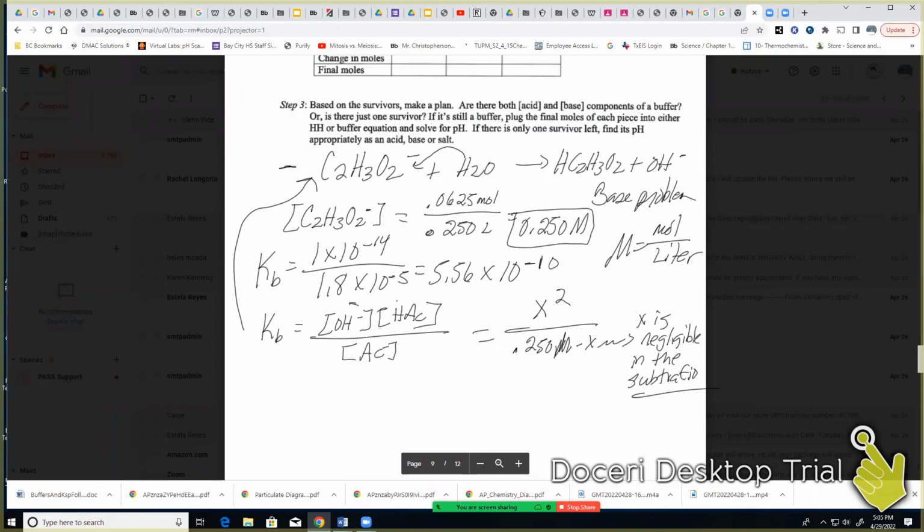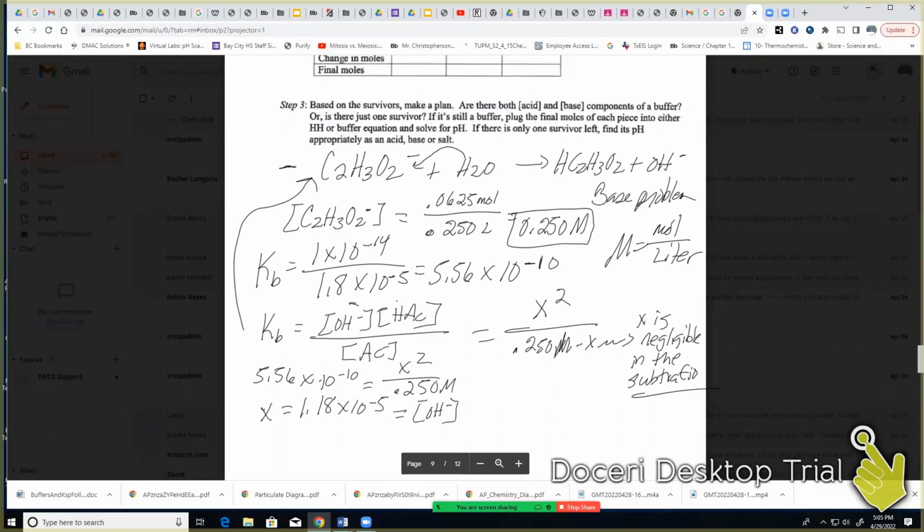So now I'm going to take my value, 5.56 times 10 to the negative 10th is going to be equal to x squared over 0.250 molar. I'm going to work through and find out my x is 1.18 times 10 to the negative 5th. And I need to remember that this is my hydroxide concentration.